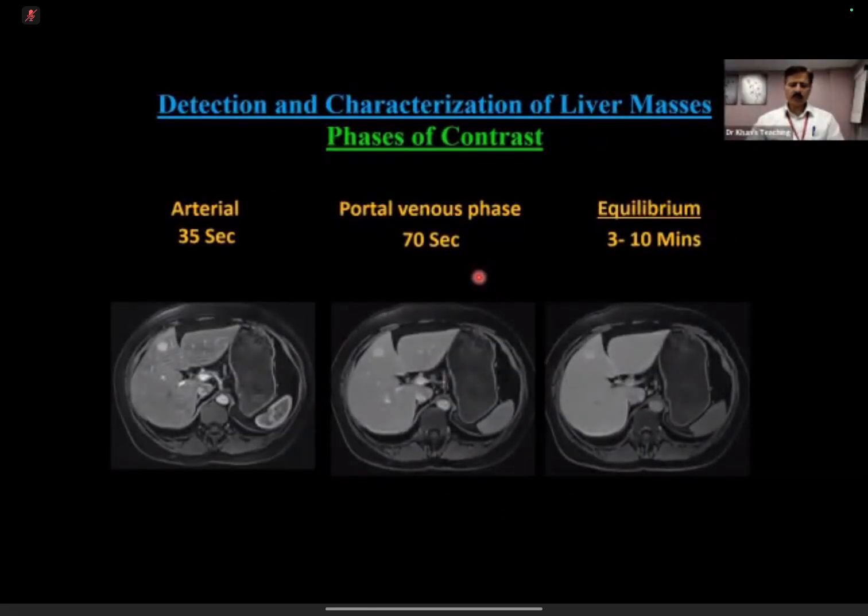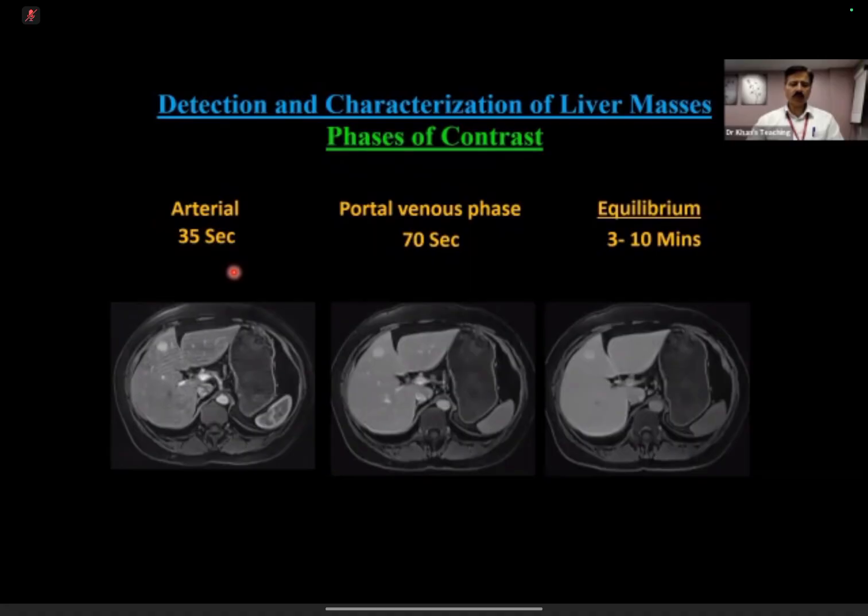I'm showing you an MR, but this is what we call the phases of contrast. There is an arterial phase, a portal venous phase, and an equilibrium phase. The arterial phase for liver is slightly late. It's not a classical CTA type of arterial.